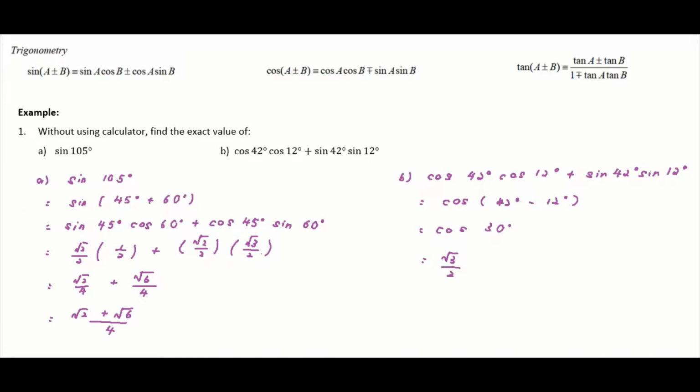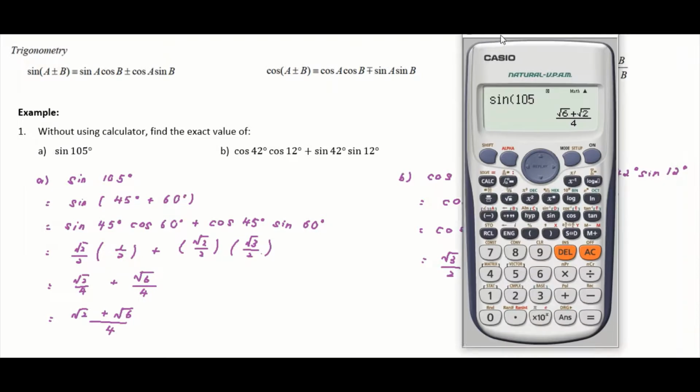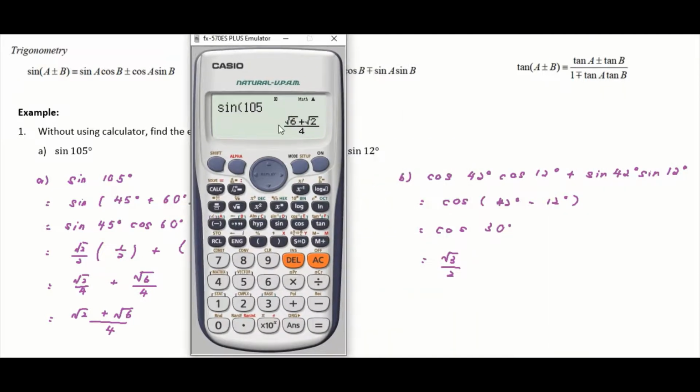So the same thing, you can try to use your calculator to help you check here also. So you just type in the whole thing. So cos 42, sorry, cos 42 multiply with cos 12, and then plus sine 42 multiply with sine 12.